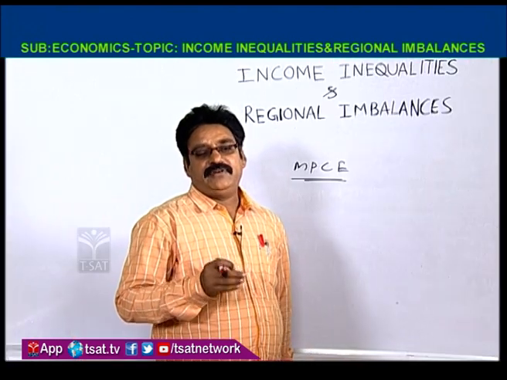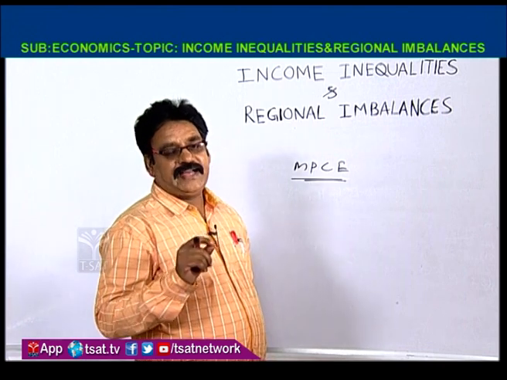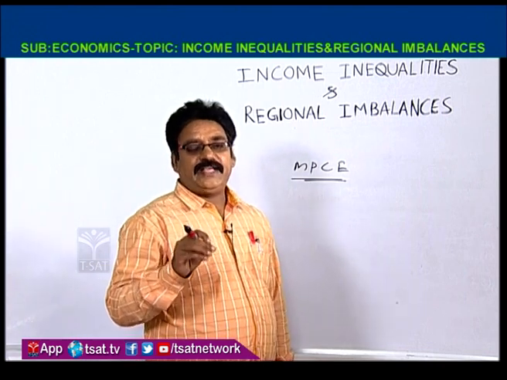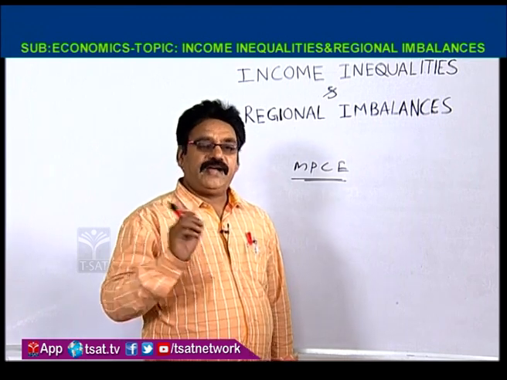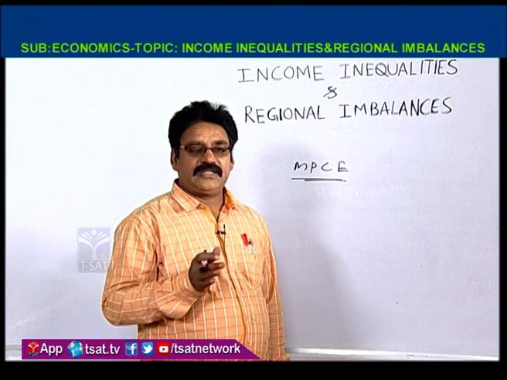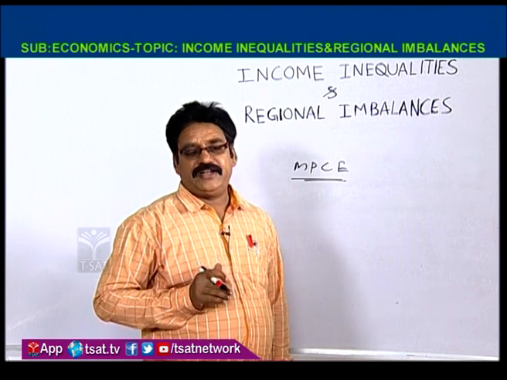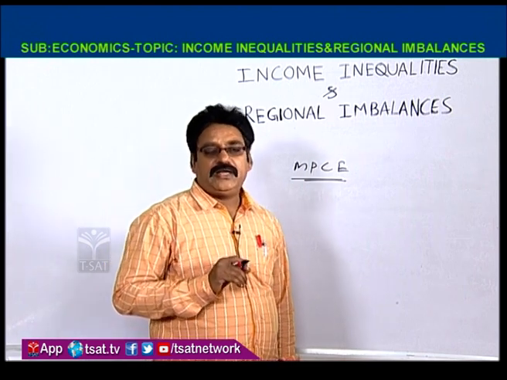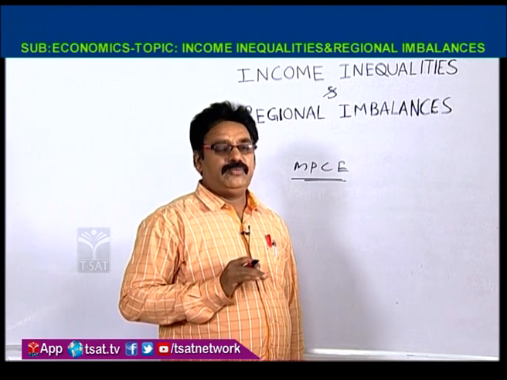Under the Act of NREGA, providing at least 100 days of work for every person who applies for a job in rural areas, under the name of Food for Work program, whatever the asset and community building programs, all these programs are included in MGNREGA, and under that they are providing employment opportunities for the rural poor people.